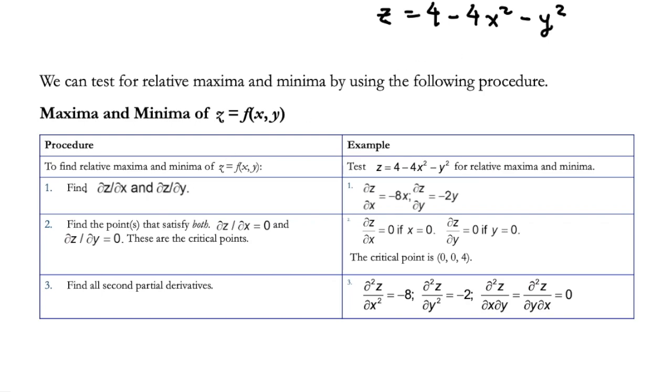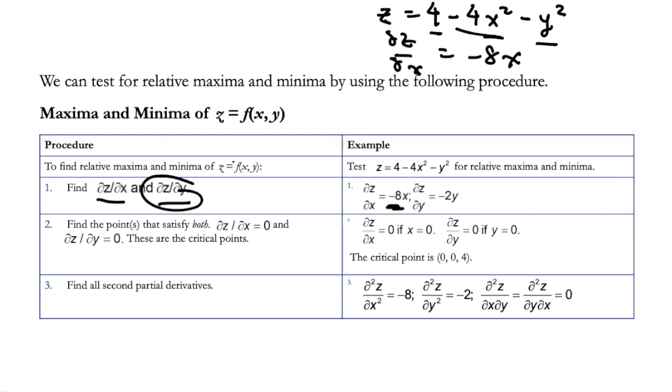As usual, we need to find delta z over delta x, the partial derivative of z with respect to x, and delta z over delta y, the partial derivative of z with respect to y. So for delta z over delta x, this one becomes 0, this one is not a constant, then it becomes 8 minus 8x, which is this.